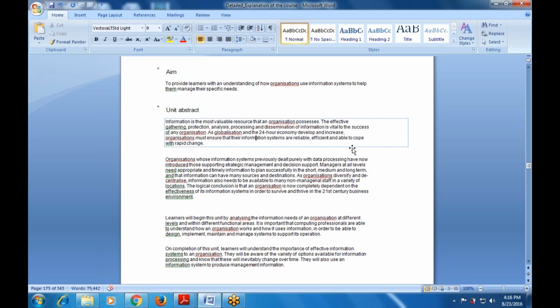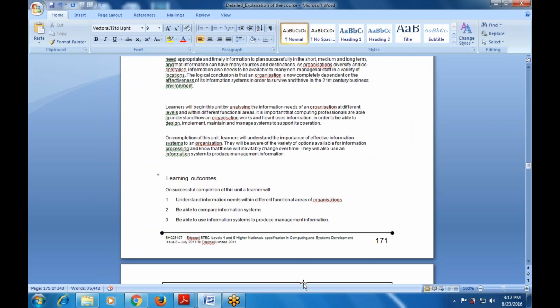And organizations whose information systems were purely based on data processing have now introduced systems supporting strategic information or management, that is, we can say, the decision support system. And the logical conclusion is that the organization is now complex, dependent on the effectiveness of the system.